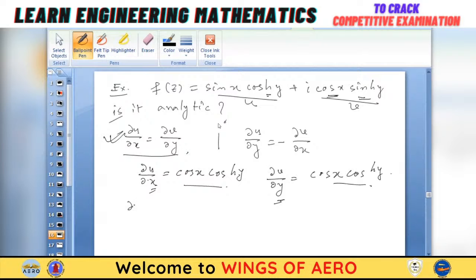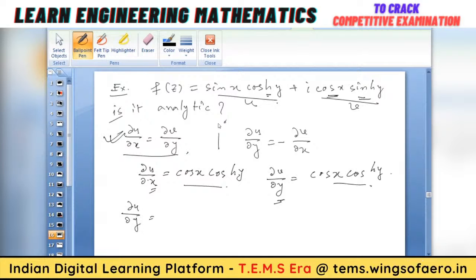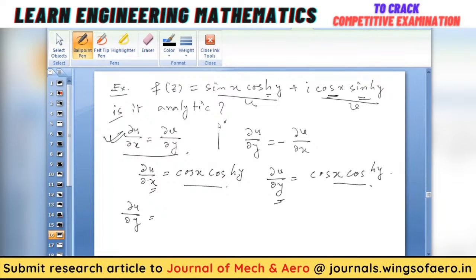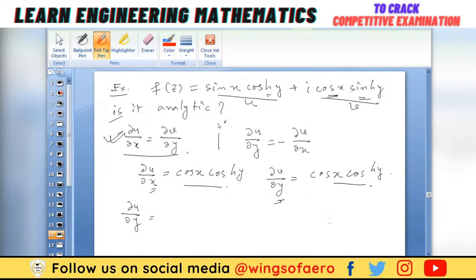Next, del u del y, with respect to y of cos hyperbolic y. The derivative of cos hyperbolic y is sine hyperbolic y, not minus. Remember this one, I'm writing it with a different color.